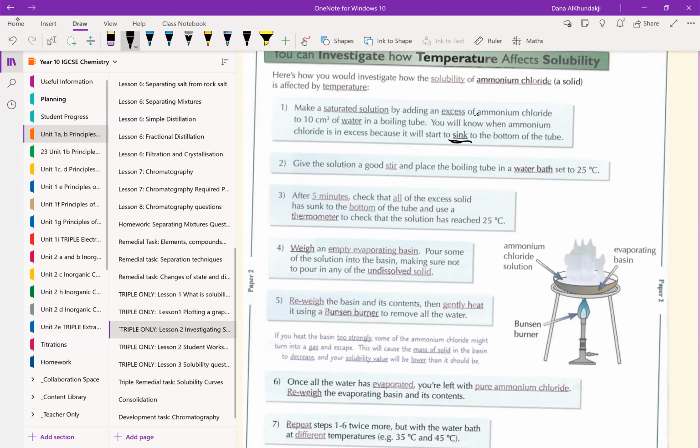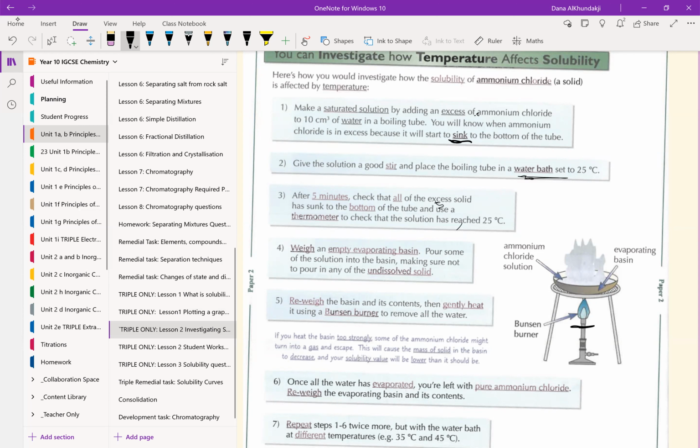And then you can stir it and place it in a water bath, or you can heat it under a Bunsen burner. And after you evaporate some of it, you're going to see that the solution becomes thicker and more saturated. A saturated solution is when no more of that solute can dissolve at this specific temperature.